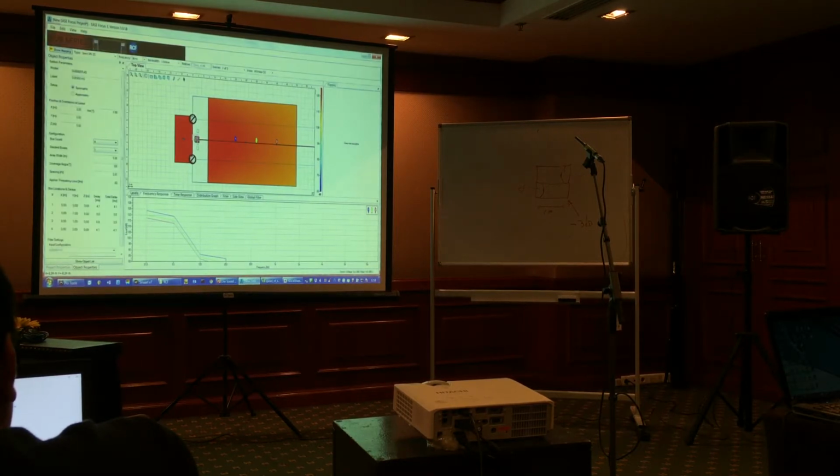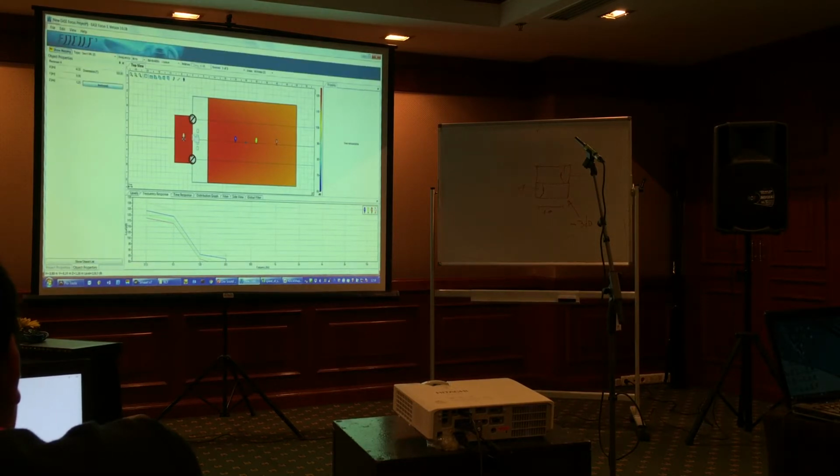If I add a listener on the stage, that can be a musician, for example. This is musician number 4. The pressure level at position number 4 is higher than for the listeners in positions 1, 2 and 3 in the audience.